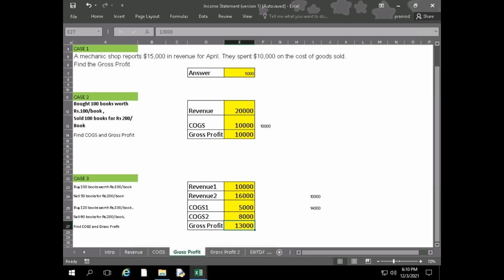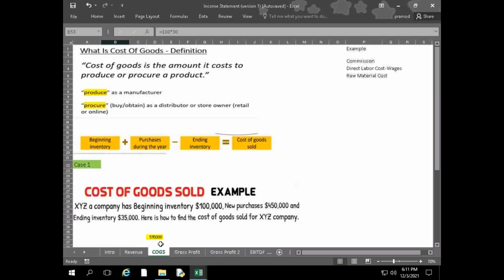Sir, sometimes for COGS they tell beginning inventory plus new purchases minus ending inventory, no, sir? Correct, that formula also. But in this case you are telling sold quantity into purchase price, no, sir? See now, beginning inventory in the sense what?